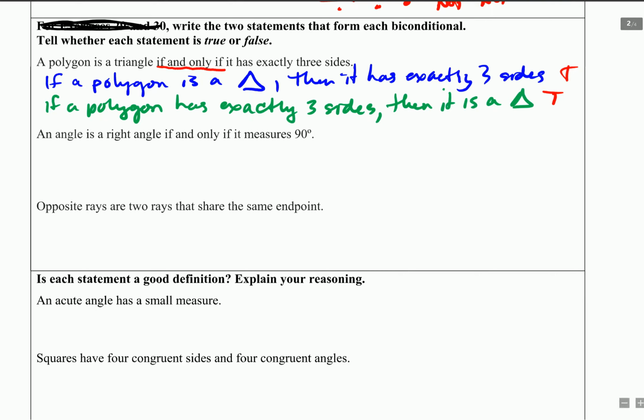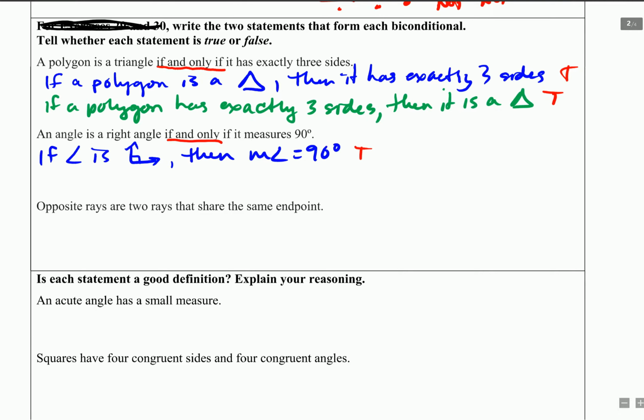All right, an angle is a right angle if and only if it measures 90 degrees. So if an angle is a right angle, then it measures 90 degrees. Well, that's true.